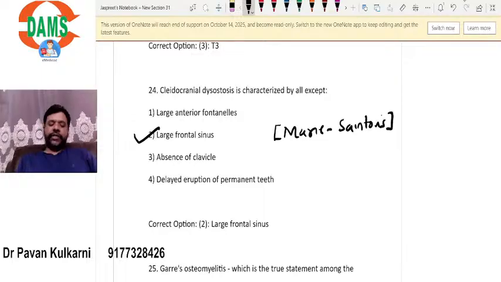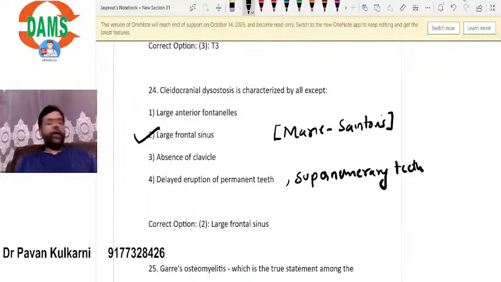In this condition, basically, the fontanelle will be large, and typically the patient will have absence of clavicle, that is why cleidocranial, and there will be delayed eruption of the permanent teeth. Why? Because the deciduous teeth will be over-retained. As the deciduous teeth are over-retained, the permanent teeth eruption will be delayed. The most important oral or radiographic manifestation you should know is that multiple supernumerary teeth are seen in cleidocranial disorder.